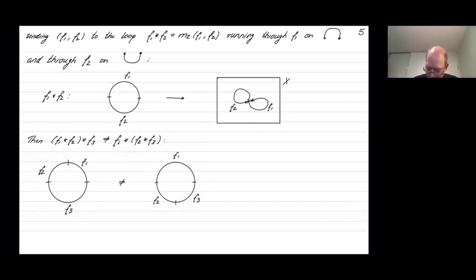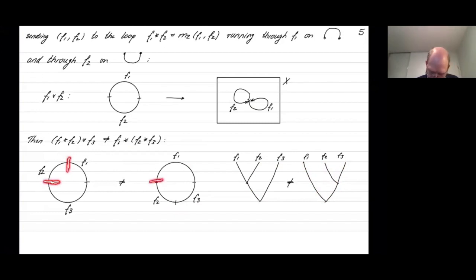We symbolize these two possibilities by the two binary trees with three leaves. Here we first compose f1 with f2 and then the result with f3. Here we first compose f2 with f3 and then the result with f1. So these two composition operations are different, but on the other hand, they're not so different after all. They just depend on these cutoff points, and it's clear that we can continuously move these two cutoff points to these two cutoff points.